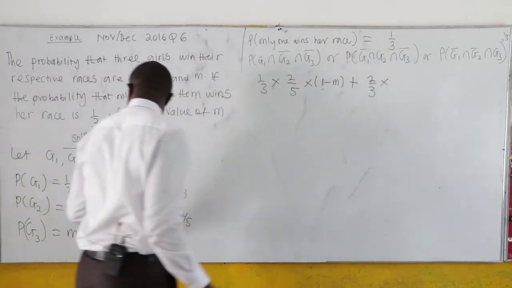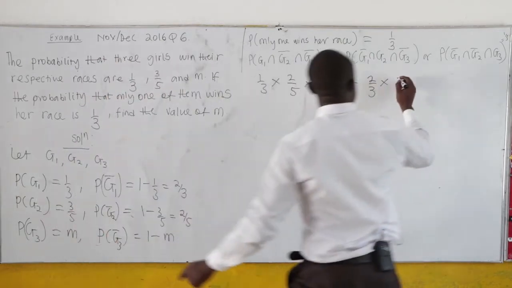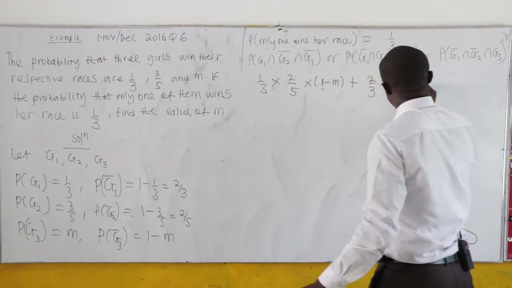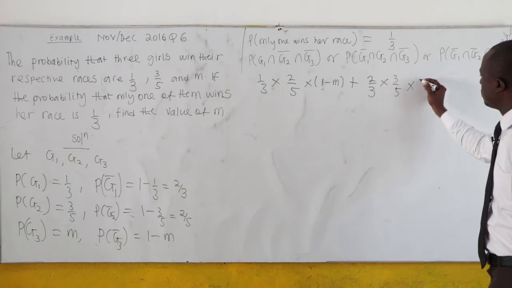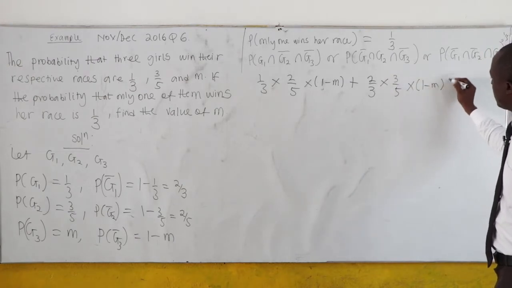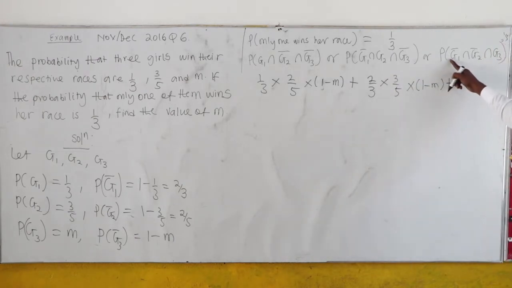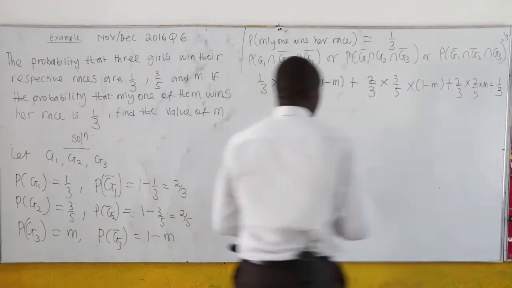The second girl will, that is 3 over 5. And then the third girl will not, that is 1 minus m, or plus. The first girl will not, that is 2 over 3. The second girl will not, that is 2 over 5. And then the third girl will, that is m. And this all should be equal to 1 over 3.